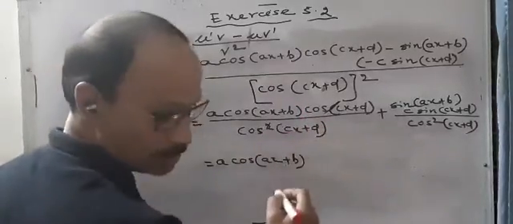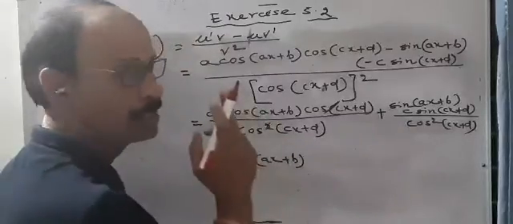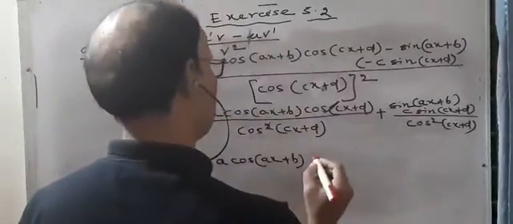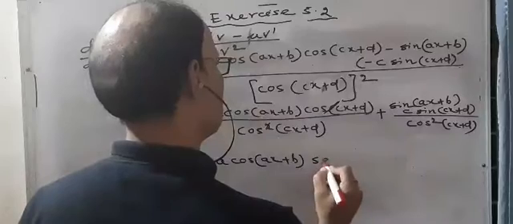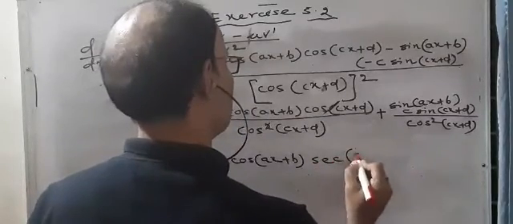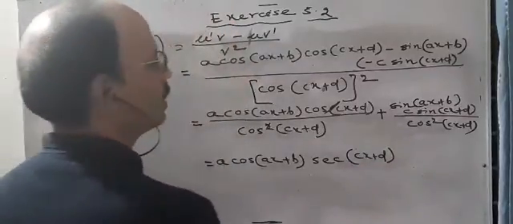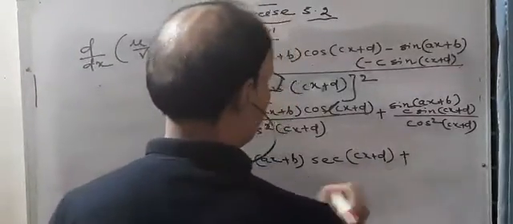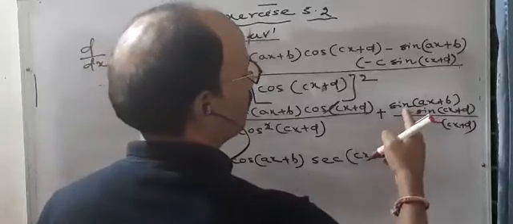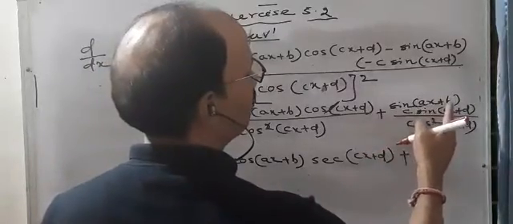We can write it as sec cx plus d. Then plus, I am writing here, sin ax plus b.